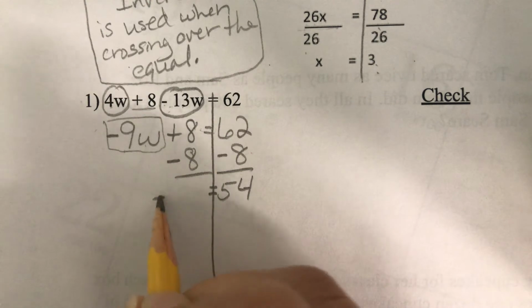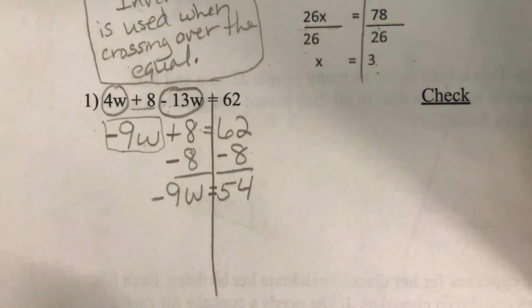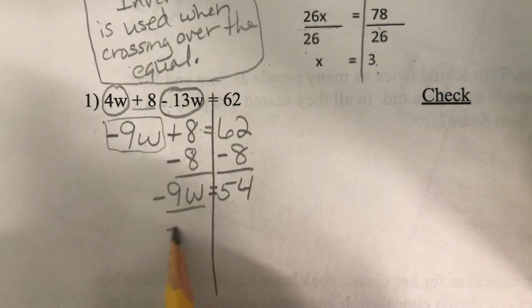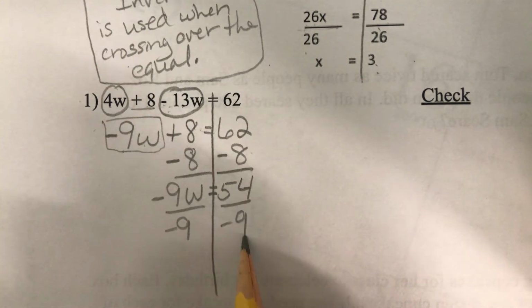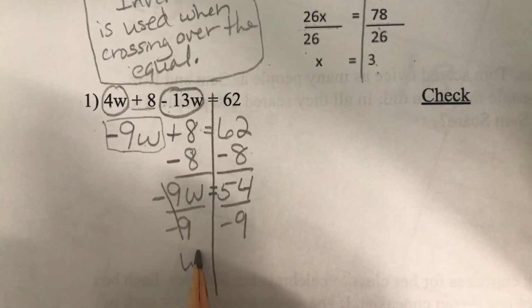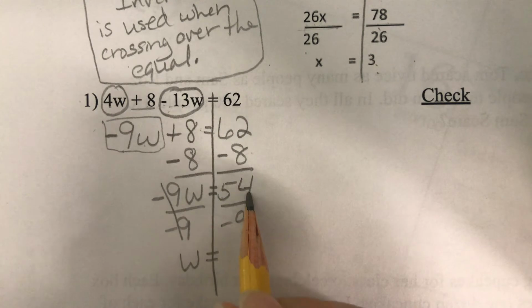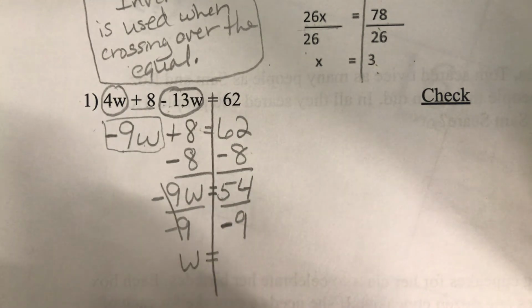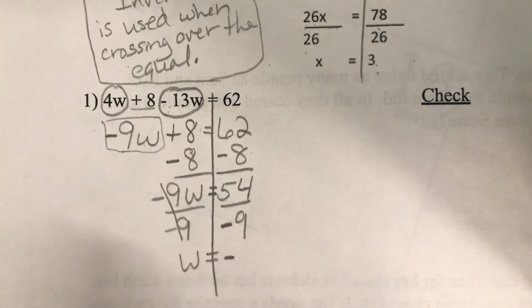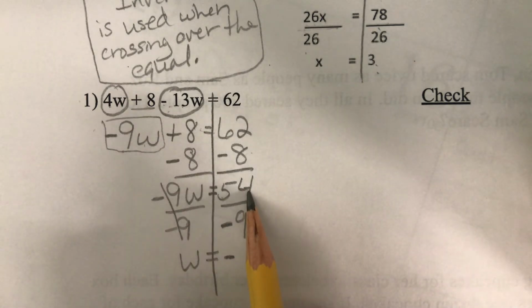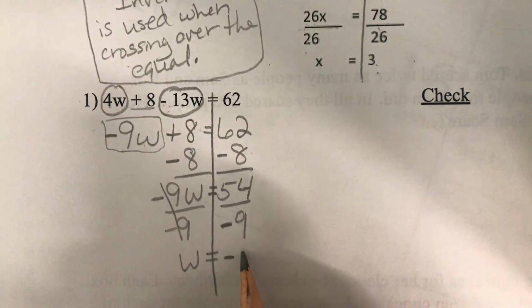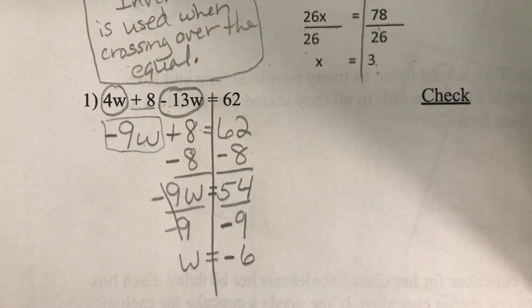I bring down the negative 9W. My last step here is to divide. Positive divided by a negative is a negative. 54 divided by 9 is 6.